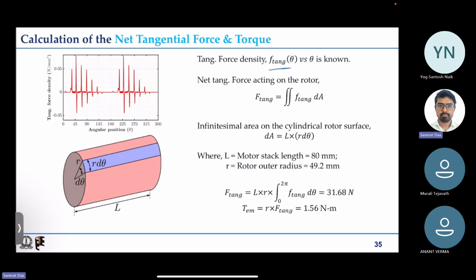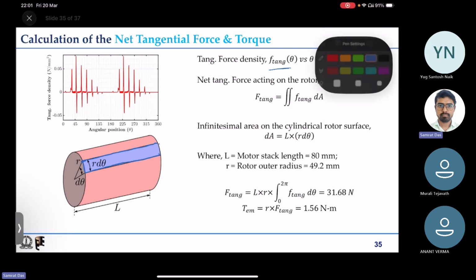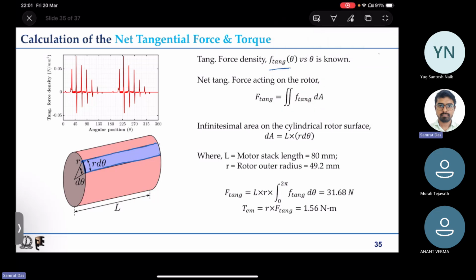So let us take a small strip as shown here with blue color. This strip makes some angle d theta at the center. So this arc length will be r into d theta if r is the radius, and if this is the axial length L, then this area as hatched by me will be r into d theta into L. That is the infinitesimal area on the surface of the cylinder.